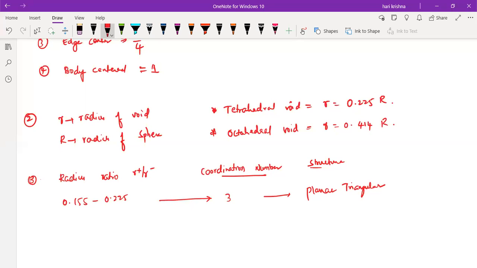Okay, if it's 0.225 to 0.414, what is the coordination number? First unmute yourself and you can answer the questions. Shruti, what is the coordination number? Neha, Jafar, Ramcharan, Vishwanath.